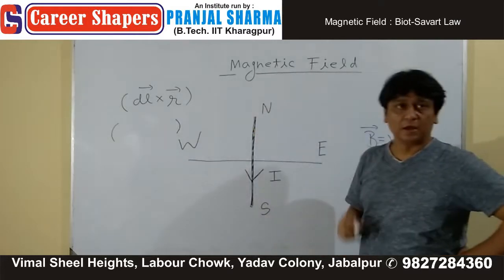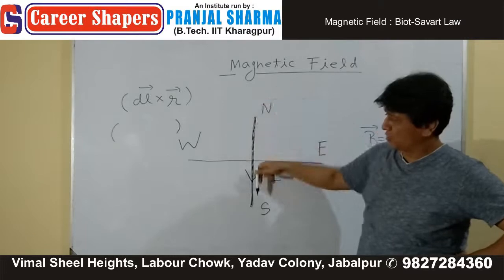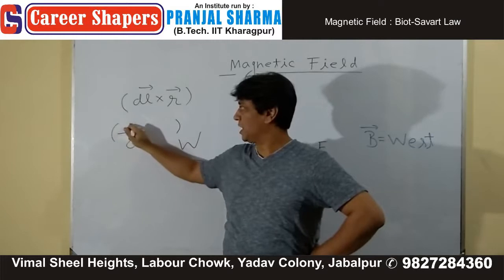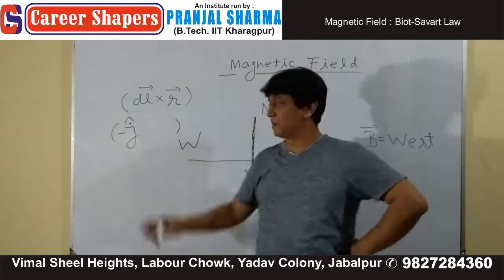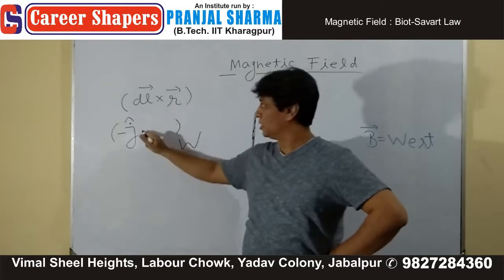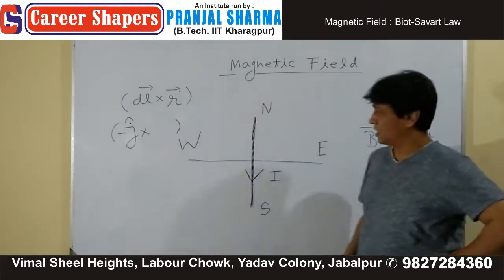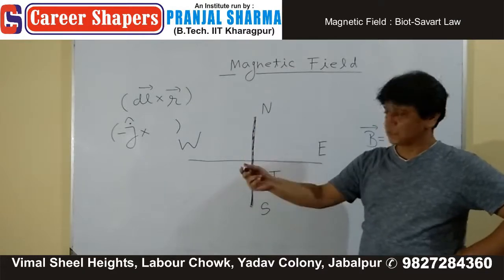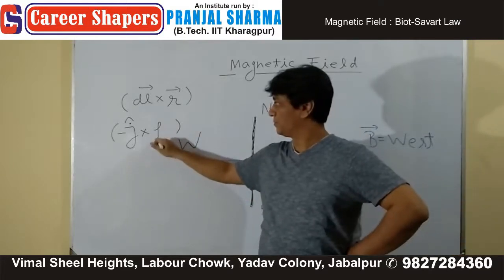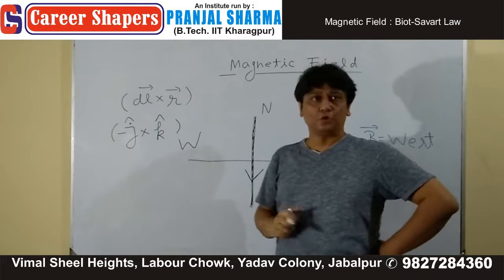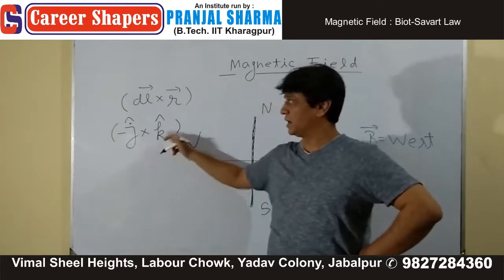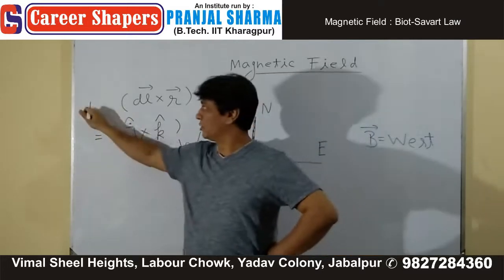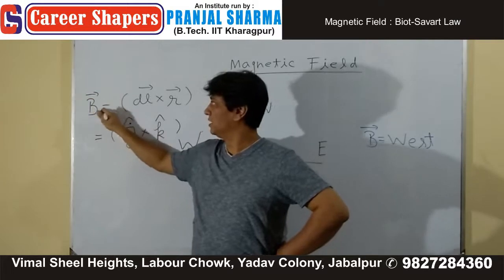What is dl? dl is in the direction of current flow. What is this direction? Minus j cap. Now remember, I am only interested in direction, and therefore I am taking j cap, k cap, i cap only. Cross. What is r? r was this point over here. So this is r. What is this? k cap. So if you know what minus of j cross k is, it will give you the direction of magnetic field.